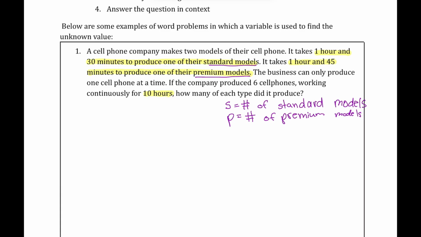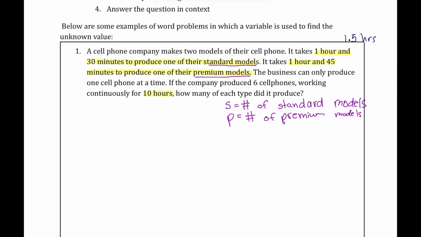So first thing we want to think about is getting all of the time in terms of just hours. If you think about 1 hour and 30 minutes, that would be 1.5 hours. So it's 1.5 hours for the standard model.